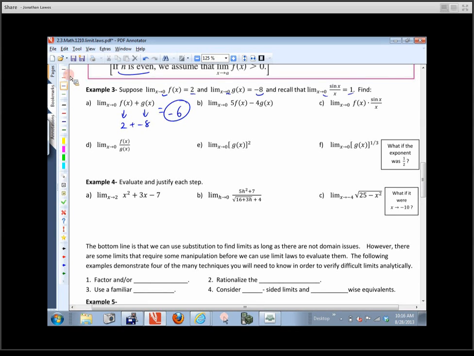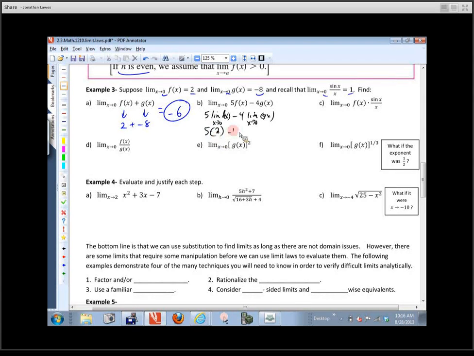I'll do this one by justification. I'm going to use the constant multiplication property here. So I'm going to do 5, limit as x approaches 0 of f of x. Then I'm going to do -4, again, slide that out there, and then this is the limit as x approaches 0 of g of x. So this is 5 times, that limit is a 2.